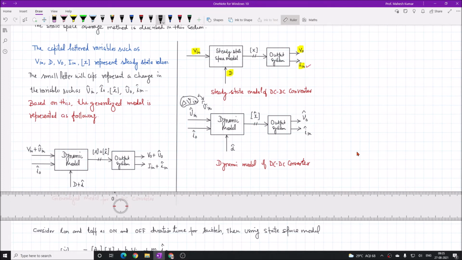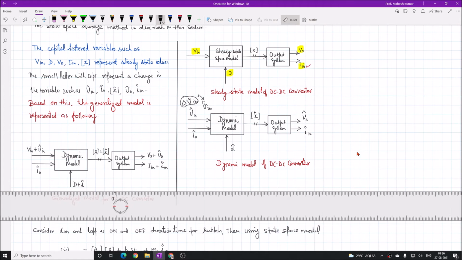The output current becomes the input variable for the dynamic model, because the change in the output current will be considered to bring the change in the switching state, and hence the state variables, and hence the output voltage. Okay, so the change in output current becomes the input variable, and the change in the input current becomes the output variable.